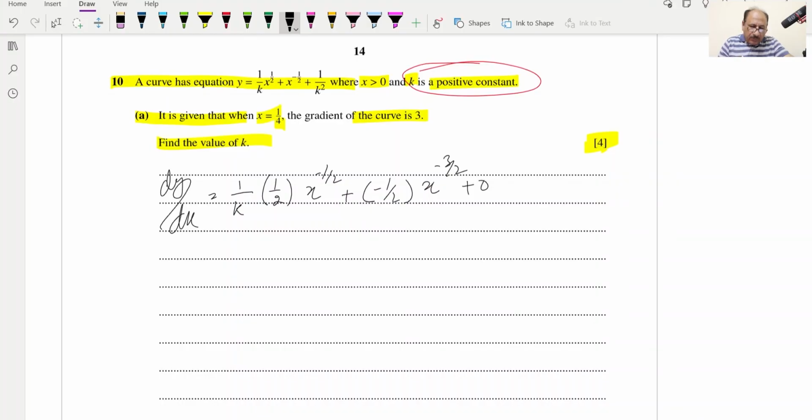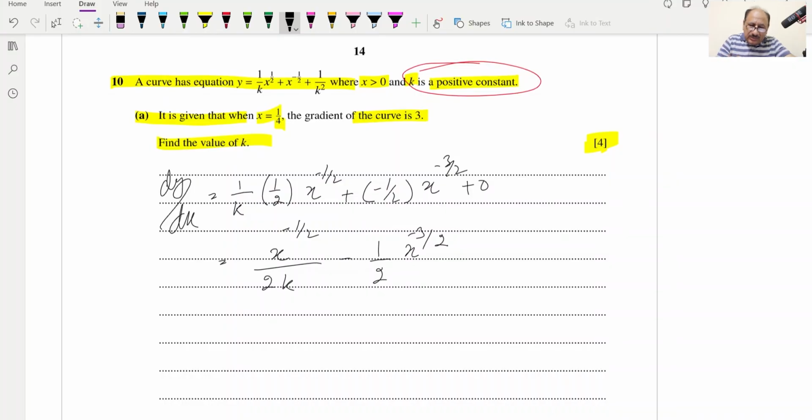Now we can rewrite it as x raised to the power minus 1/2 over 2k, minus 1/2 x raised to the power minus 3/2. So this will be the derivative.